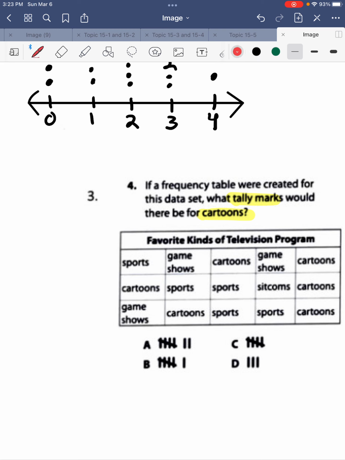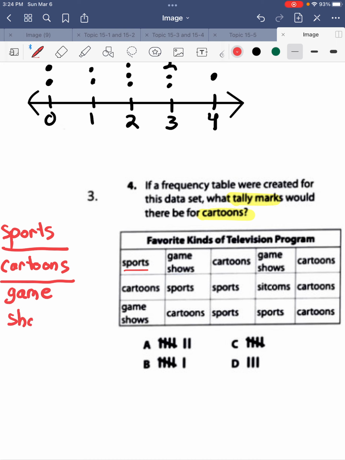The first I have is sports. Then I have cartoons. Then I have game shows. I already put sports. And then I have sitcoms.